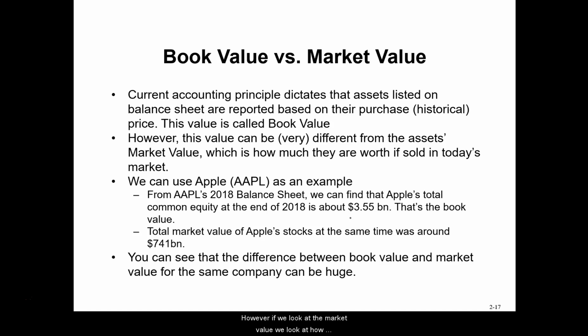However, if we look at the market value, how much Apple stock as a whole can be traded for in the stock market, the total market value based on Apple's stock price and the number of shares outstanding at that same time was around $741 billion. And that is significantly higher than the $3.55 billion. You see the difference between the book value and the market value for the same company at the same time can be huge.